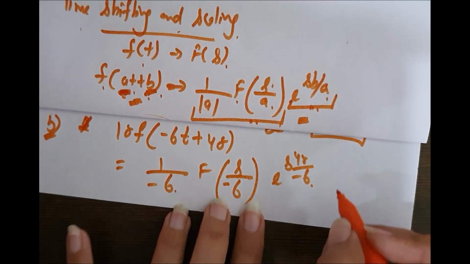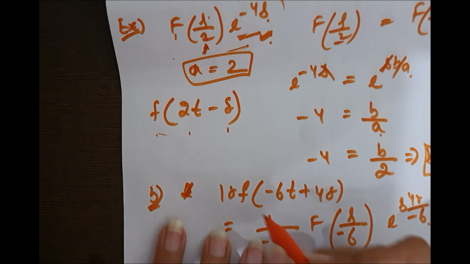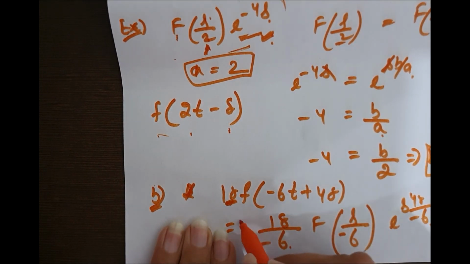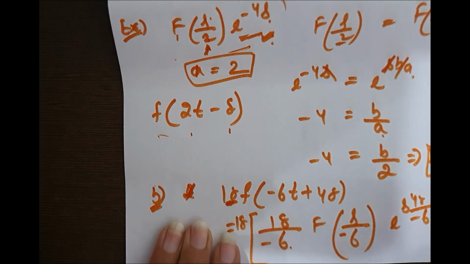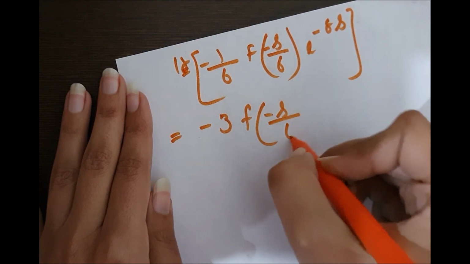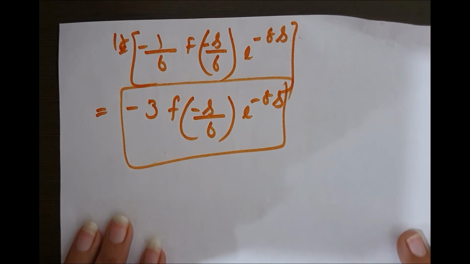Just solve it and you will get an answer. Here this is 18, so put 18 here. 18 will remain as it is. You can put it like this. The answer will be, so this comes out to be a Laplace transform.